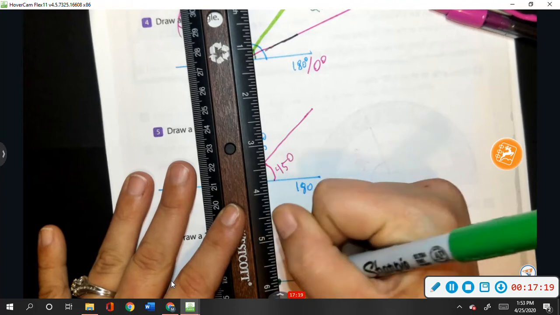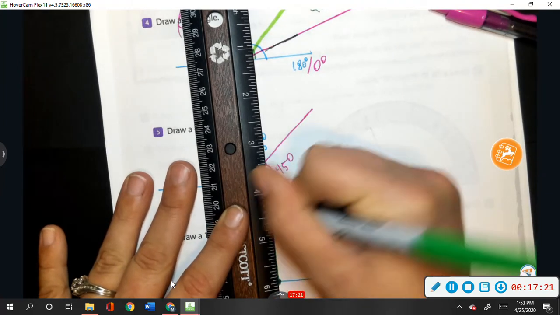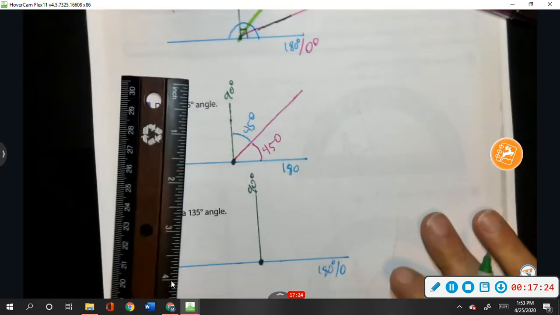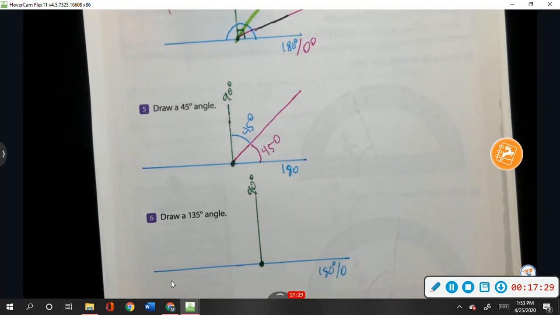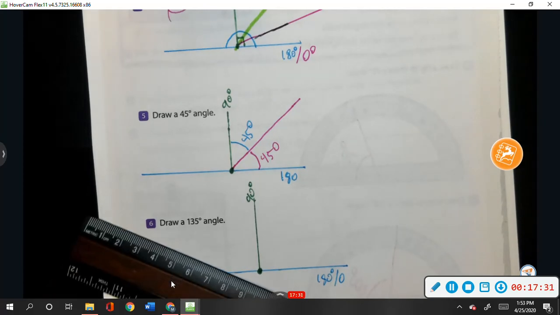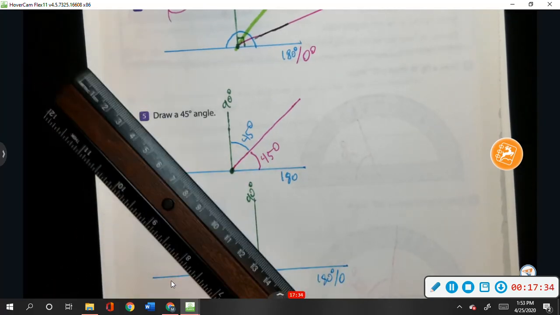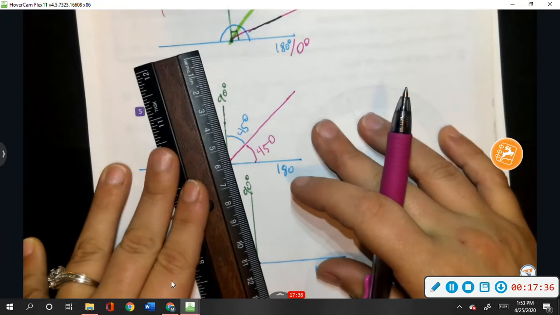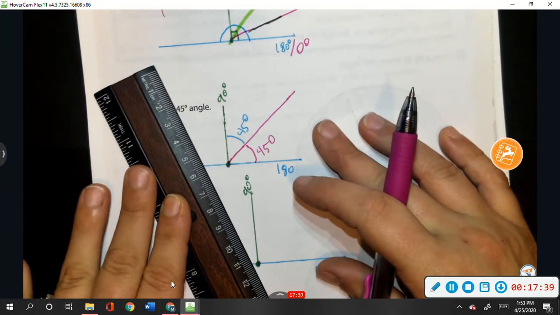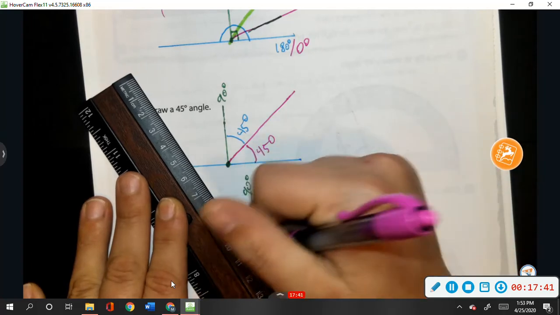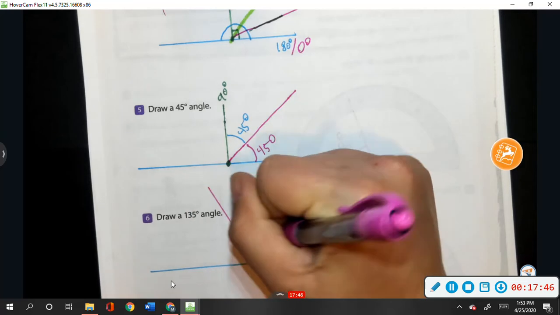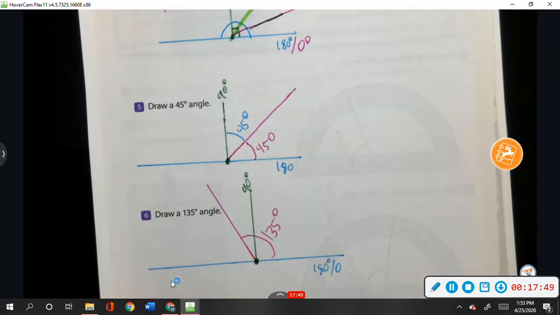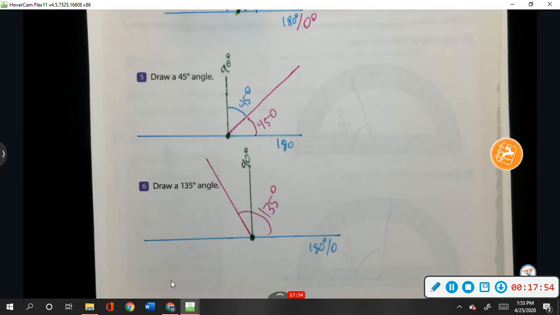That's why we use these, because we don't need a protractor to tell us that it's 90 degrees. We can see it. And we want a 135 degree angle, which was going to be more than 90 degrees. So this would be more like 100, 120, and 135 would be right about here. Alright. That is how we measure angles without a protractor.